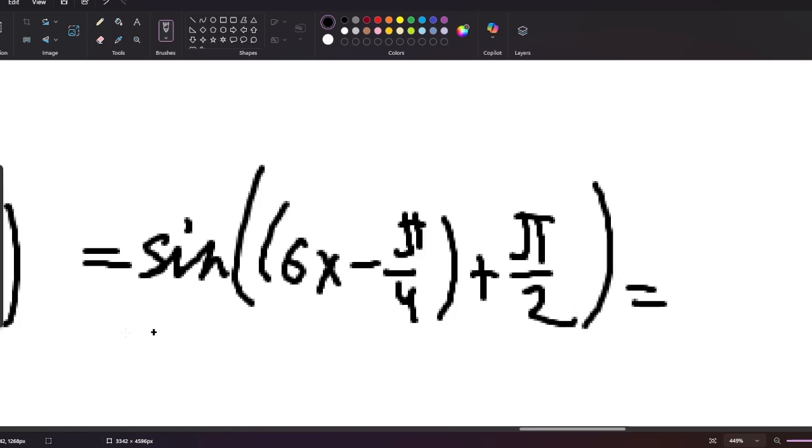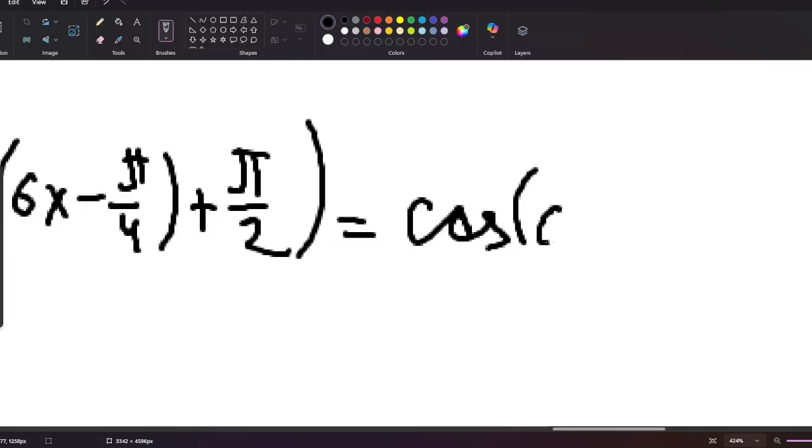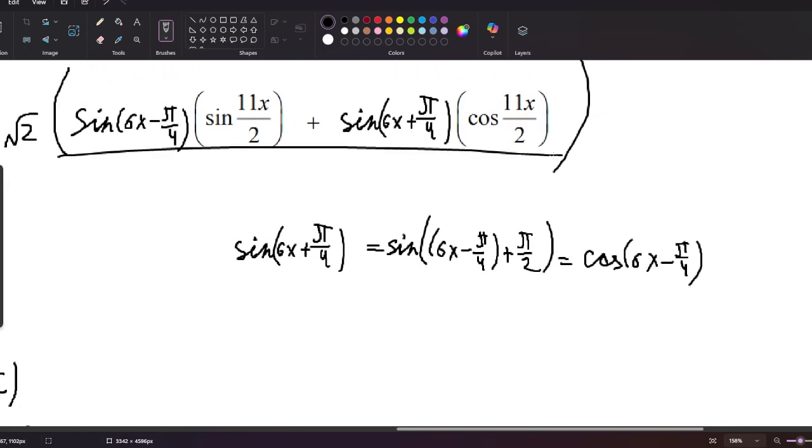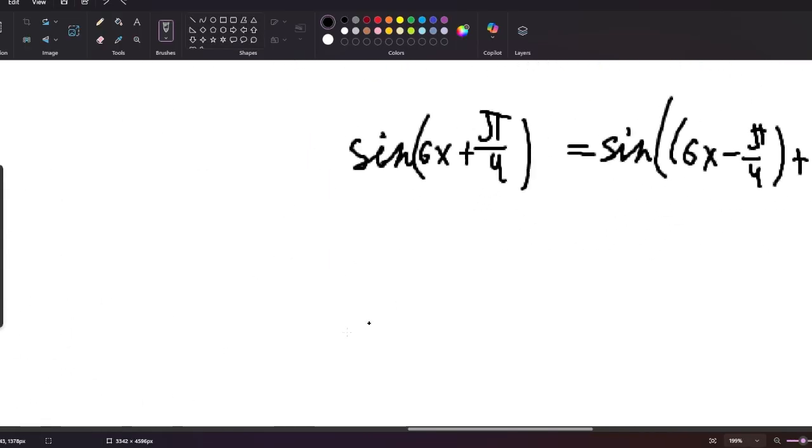In other words, it's going to be equal to cosine of 6x minus pi over 4. And that turns this into the cosine formula for difference.